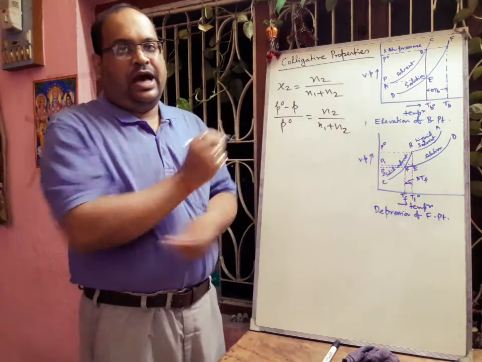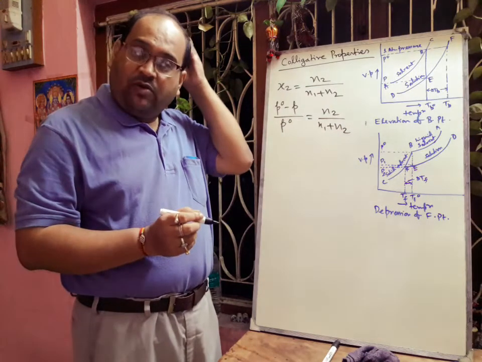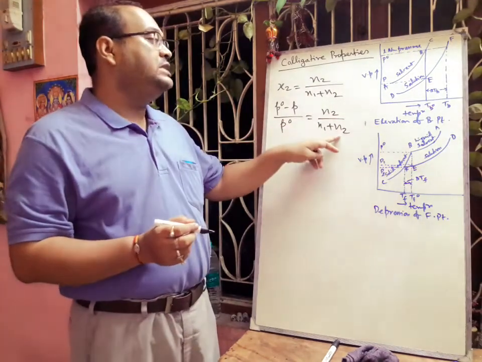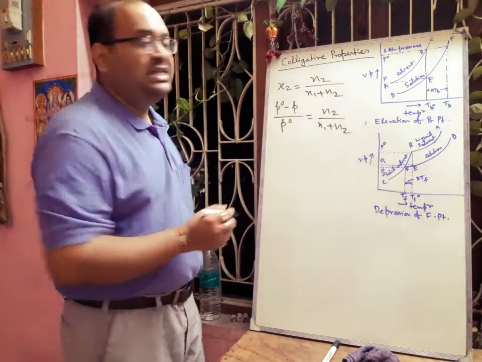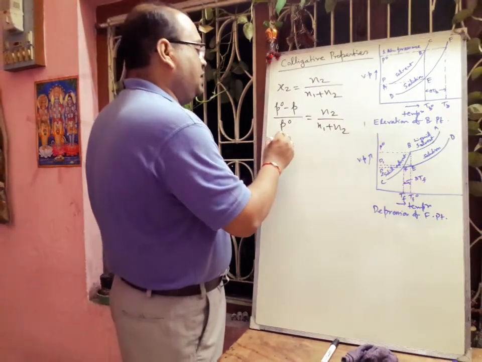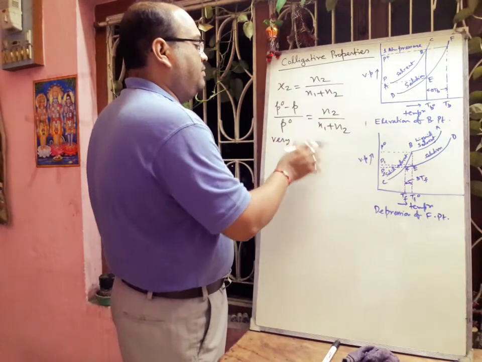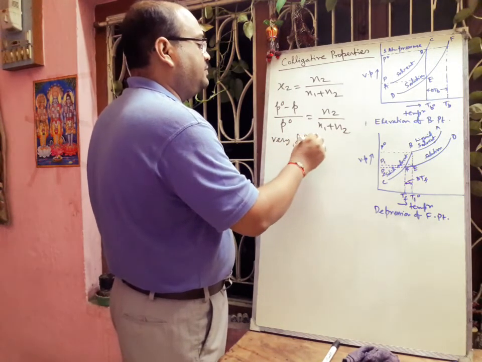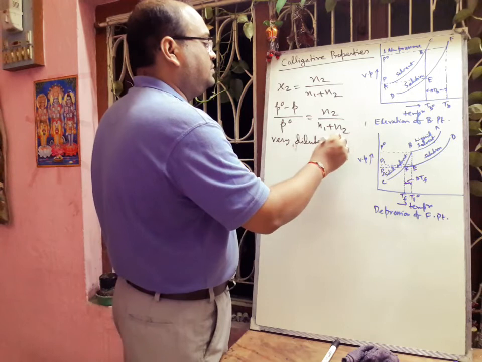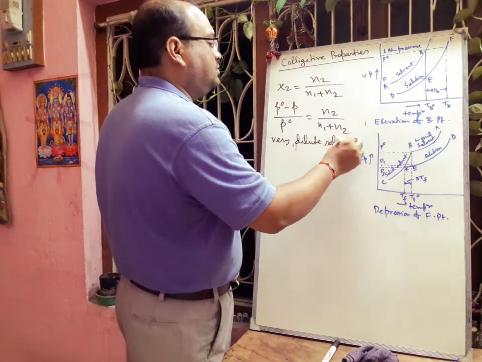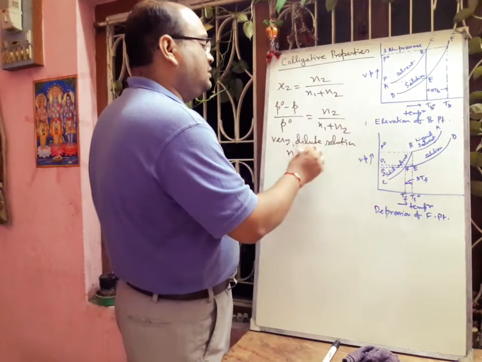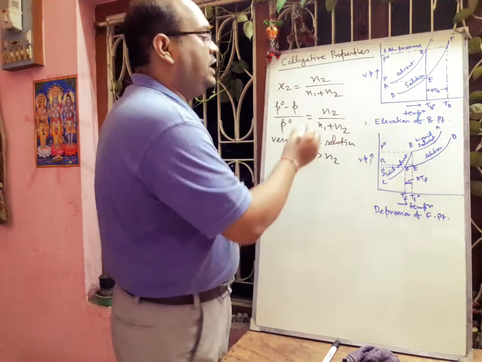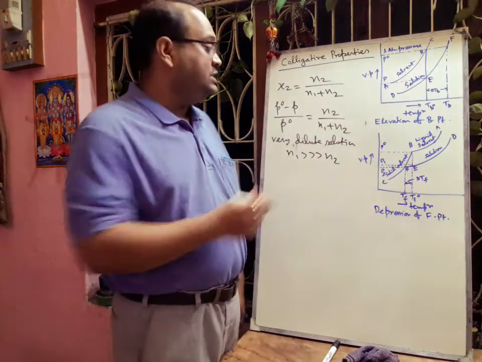Now N1 is the number of moles of solvent and N2 is the number of moles of the solute. If the solution is very dilute, we can say that N1 is greater than N2, so N2 in the denominator is negligible.